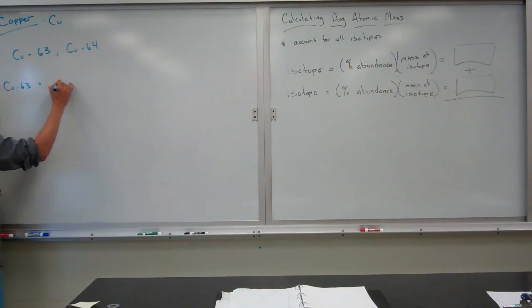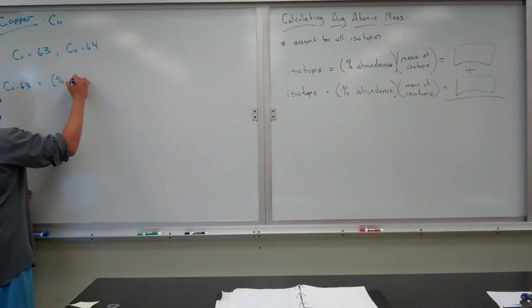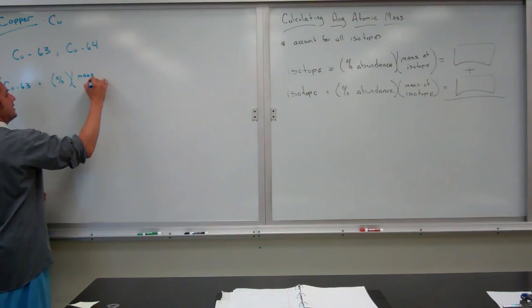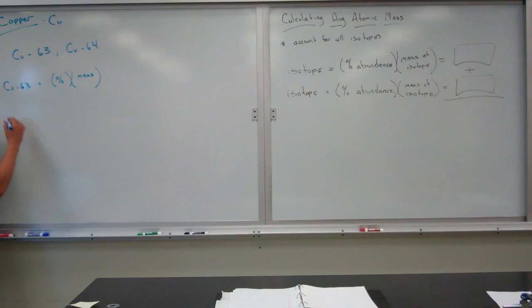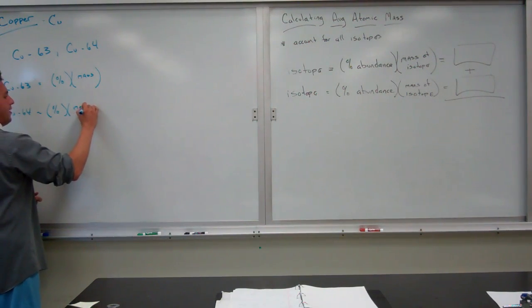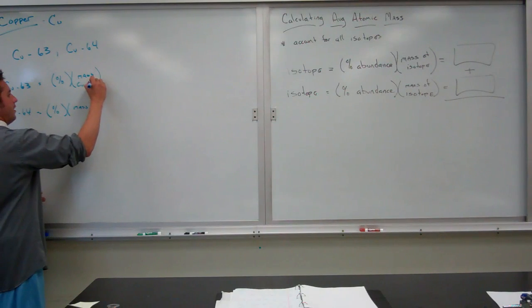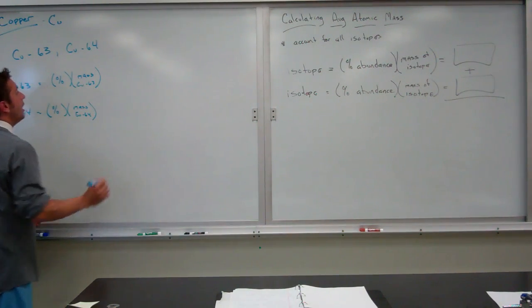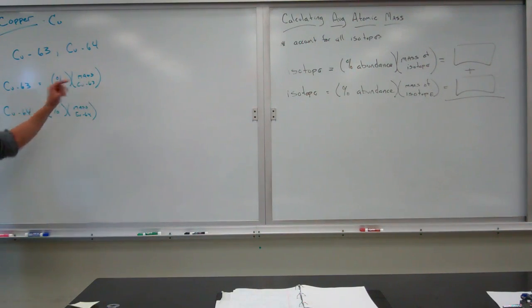So for Cu-63, I would need the percent abundance times the mass of Cu-63, and for Cu-64, the percent abundance times the mass of Cu-64. Remember, these are the mass numbers, so they're rounded. We need the exact mass.